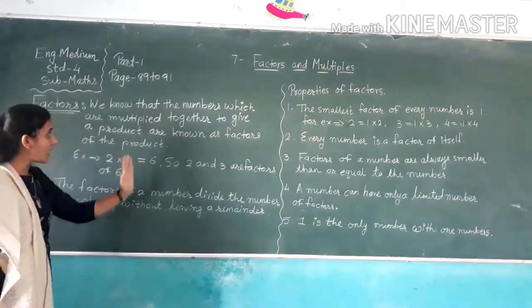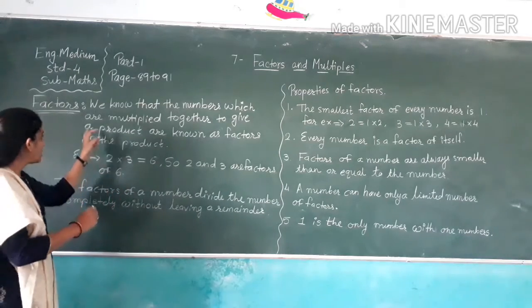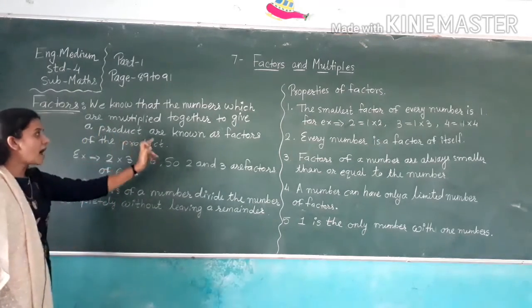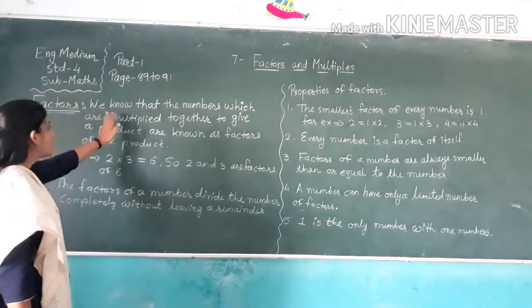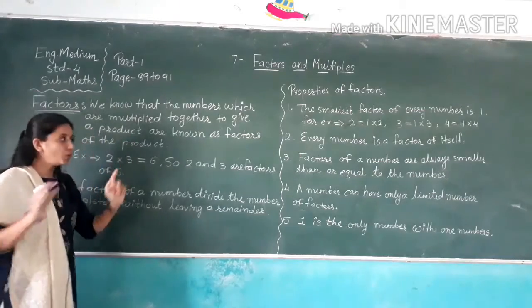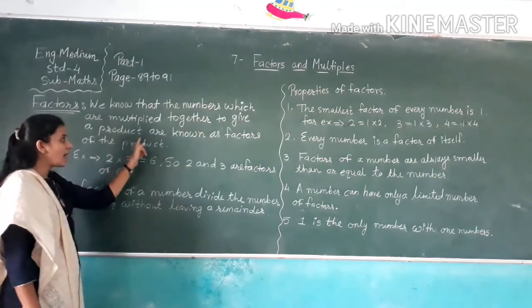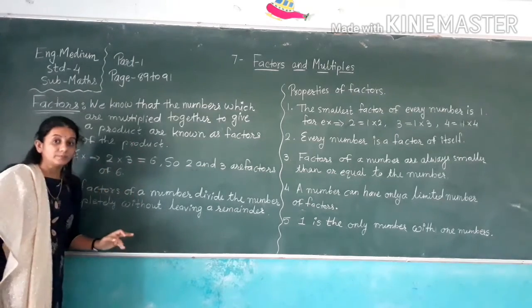We know that the numbers which are multiplied together to give a product are known as the factors of the product.